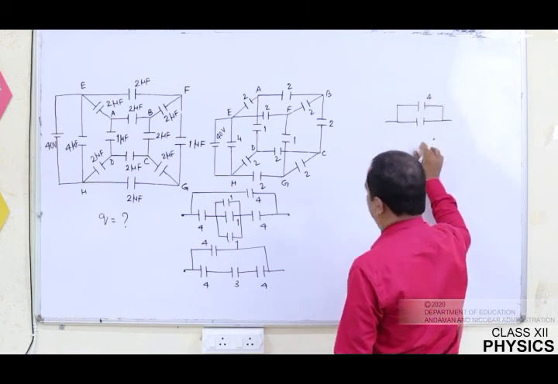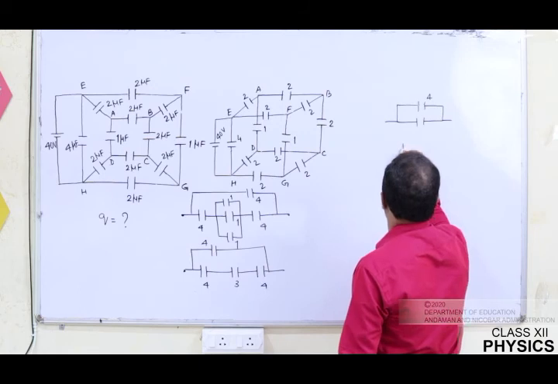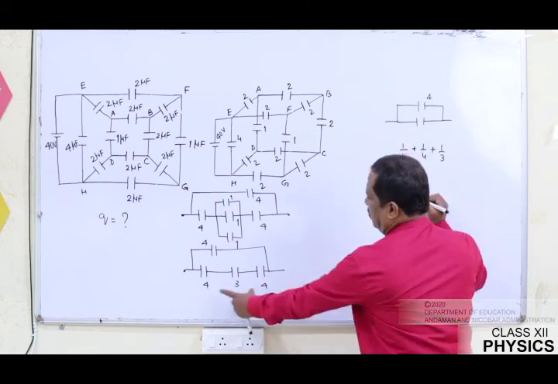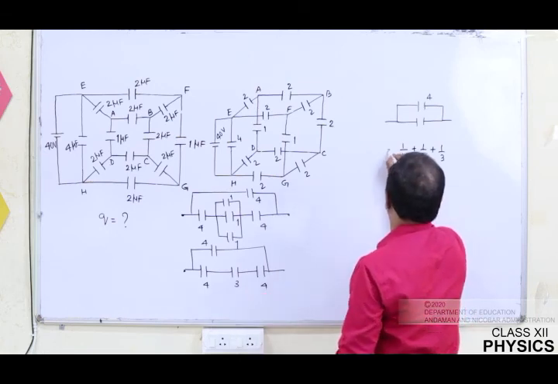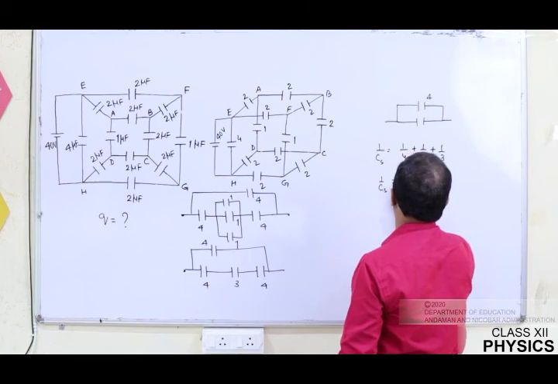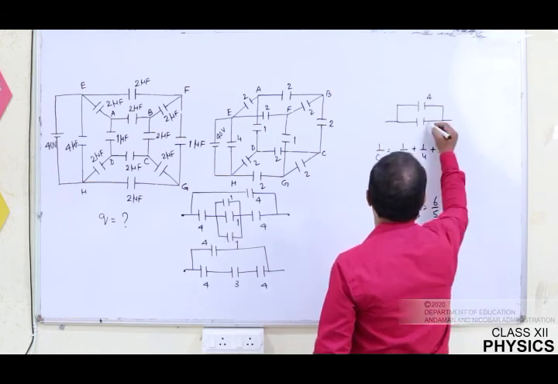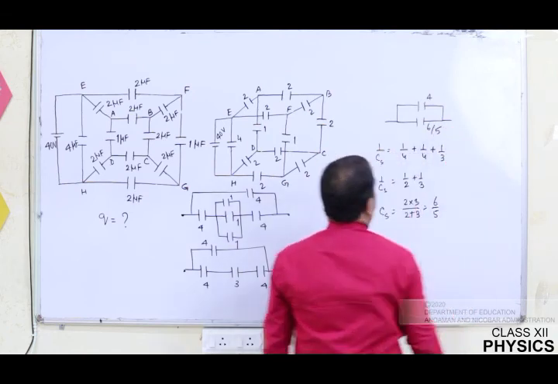This is 4 microfarad. So I am left with 1 by 4 plus 1 by 4 plus 1 by 3. These 3 is equal to 1 by CS. Otherwise 1 by CS is equal to 1 by 4 plus 1 by 4, 1 by 2 plus 1 by 3. Otherwise I have CS is equal to 2 into 3 divided by 2 plus 3, which is equal to 6 by 5. So this happens to be 6 by 5.